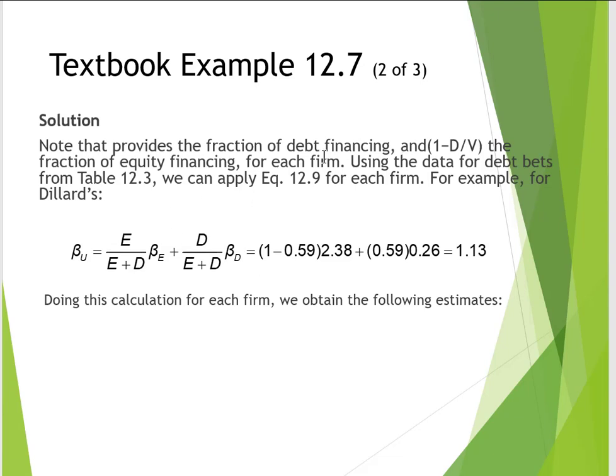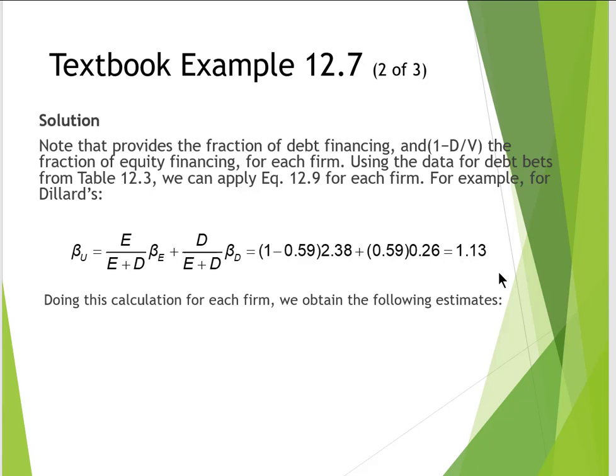So in this case, 1 minus debt to value is the fraction of equity financing for each firm. So using that, 0.59 times the equity beta plus 0.41 times 0.26, that's the beta for the debt.